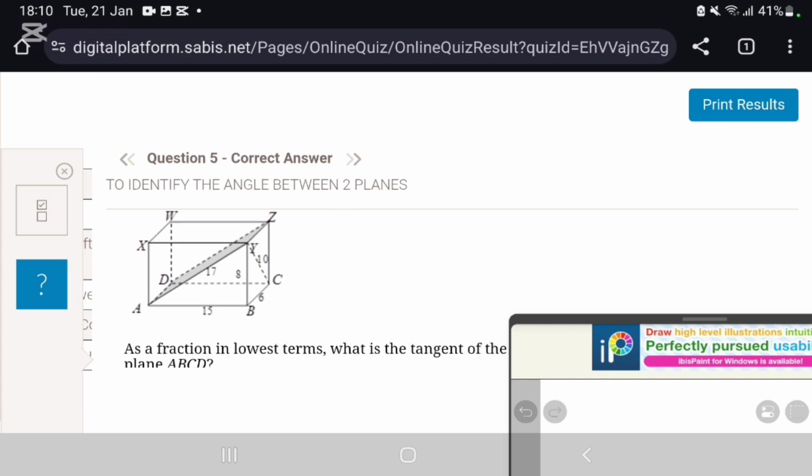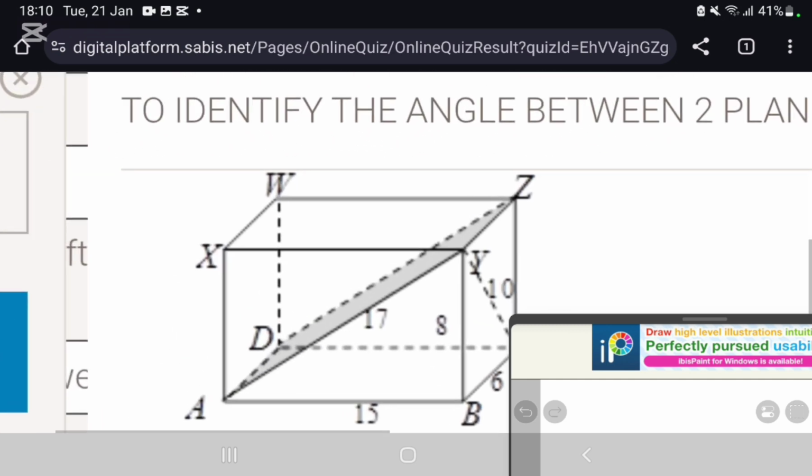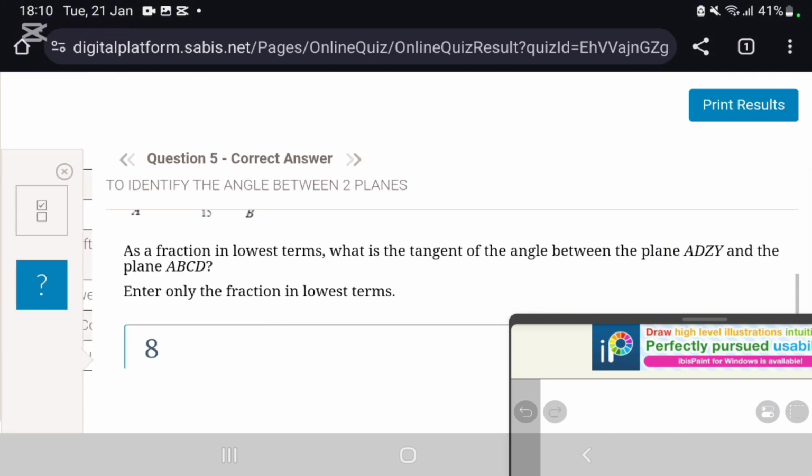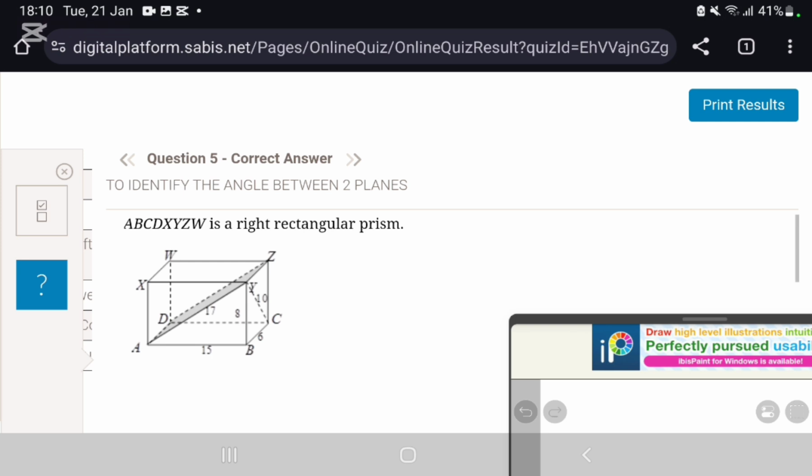Plane ADZY is the one that's slanting upwards or shaded in gray, as we can see. And the plane ABCD is the one like horizontal. So the angle they're talking about that we want the tan of is YAB.